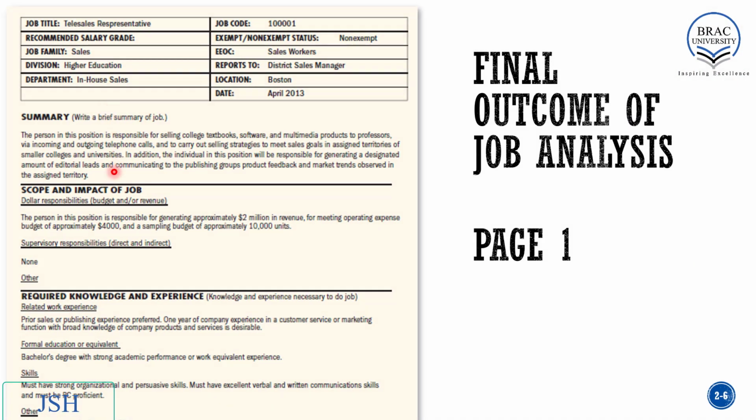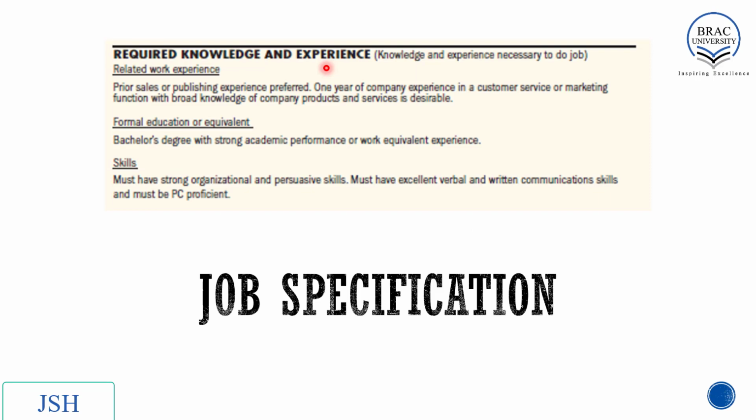Moving on to the next section. So for now, we do not need to look at scope and impact of the job section. This is advanced level. Let's look at the section after that, which is required knowledge and experience. So we can see that in this part, we have related work experience, formal education, and skills.